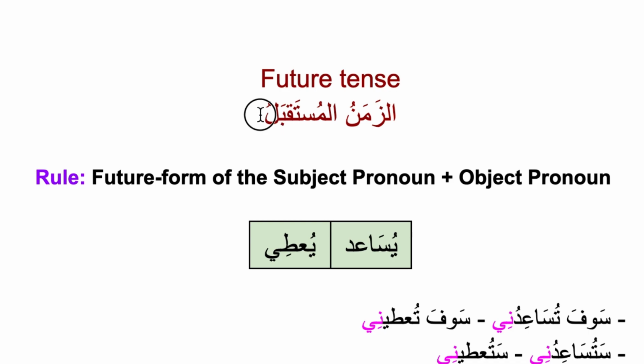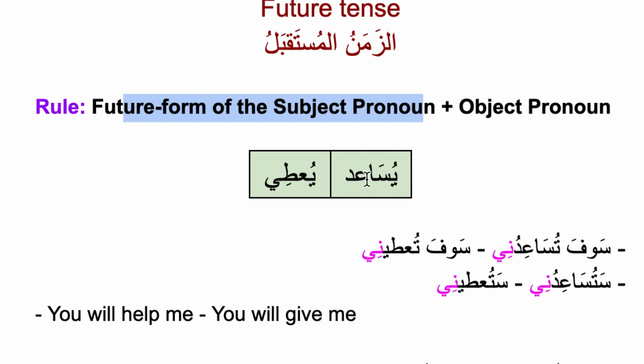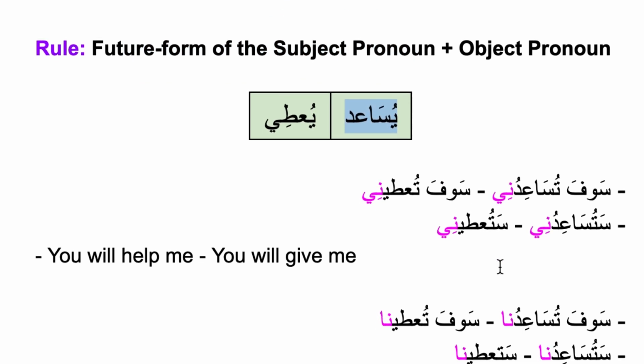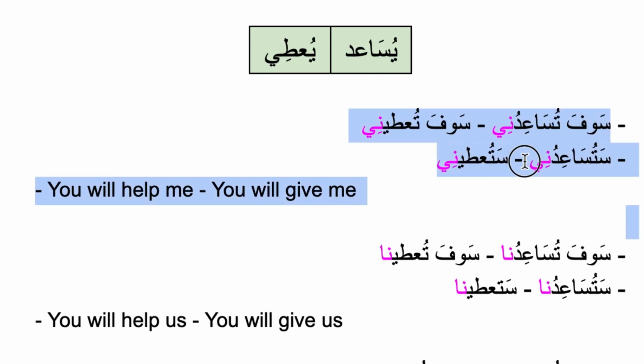Now let's move to the next tense, which is the future tense. الزمن المستقبل. The same rule applies here. We add the suffix of the object pronouns to the end of the future form of the subject pronouns. For example, يساعد helps in the present tense. تساعد means you help. سوف تساعد means you will help in the future tense.